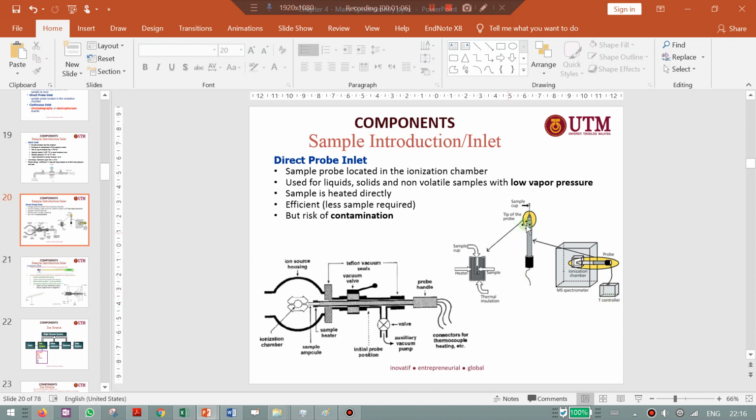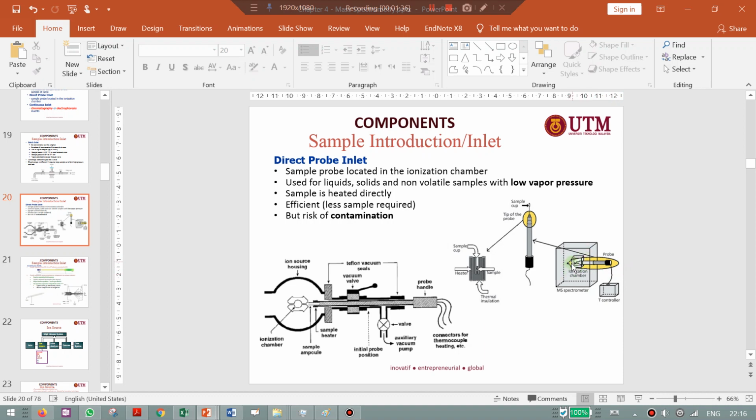Okay, here is a clearer picture. Again, your sample is inside the sample cup. At the tip of the probe, you have the sample heater. As we can see here, we have the heater and the sample inside, and the probe will be inserted into the ionization chamber.